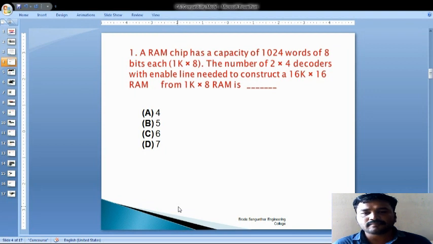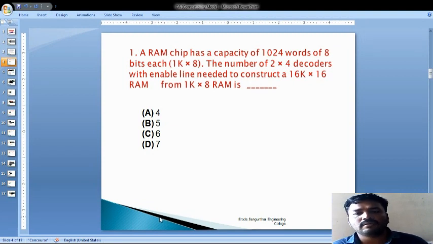The number of 2 to 4 decoders with enable line EN needed to construct a 16K into 16 RAM from 1K into 8 RAM is? So what have they asked? They have given the capacity of 1024 words, each having 8 bits.